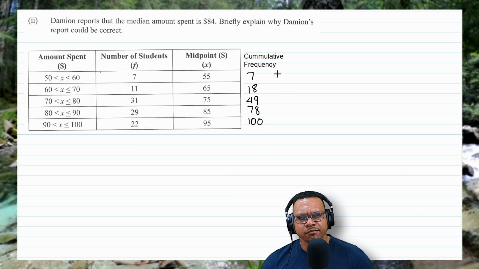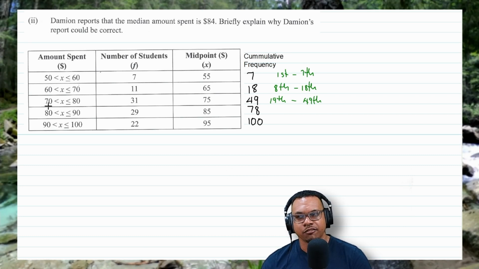All right, so this 7 means my first term to my 7th term would be in this class interval 50 to 60. Then after 7 is 8, so my 8th term to my 18th term lies within this class interval, 60 to 70. After 18 is 19, so my 19th term to my 49th term would lie within this class interval here, 70 to 80.